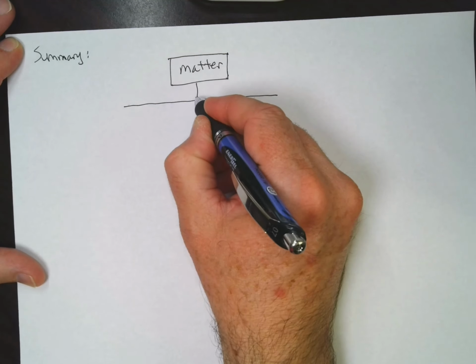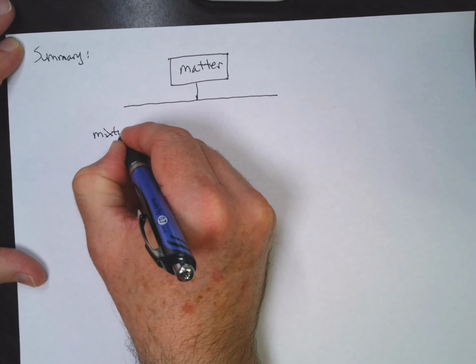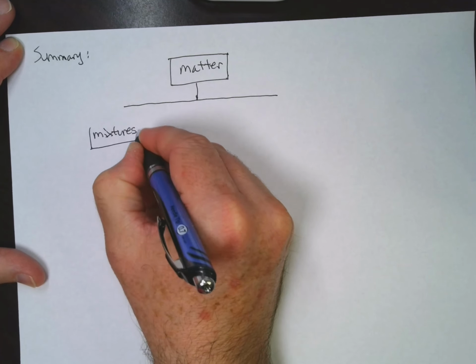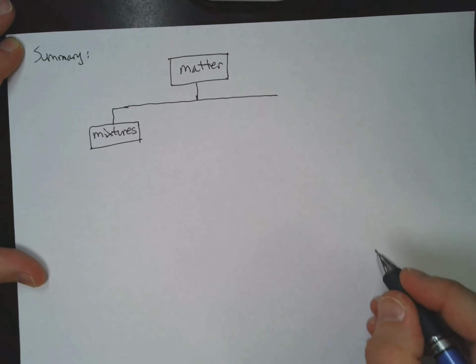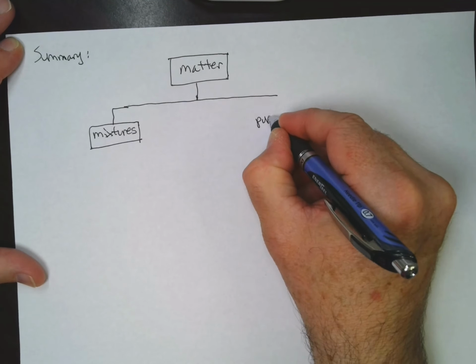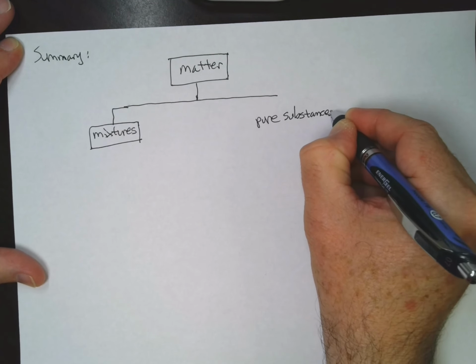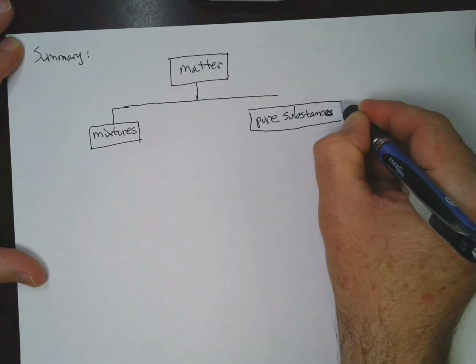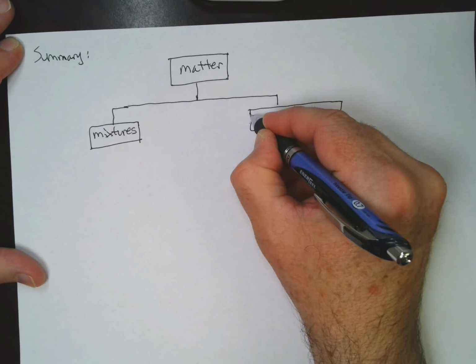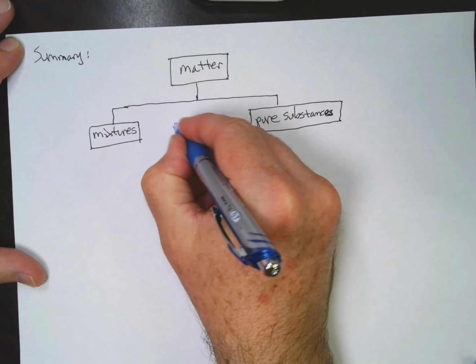We could classify matter as either being mixtures or pure substances. And mixtures are related to pure substances by physical changes.